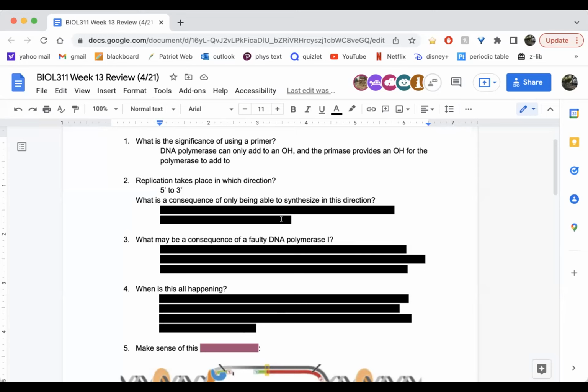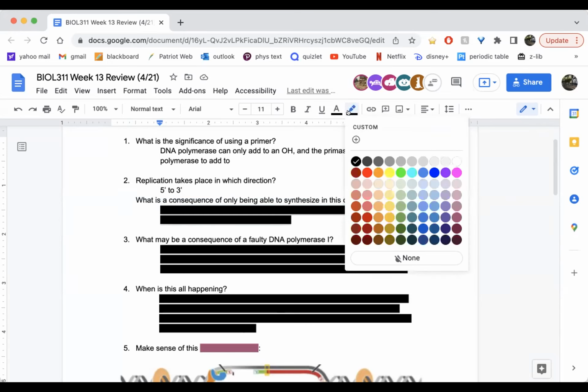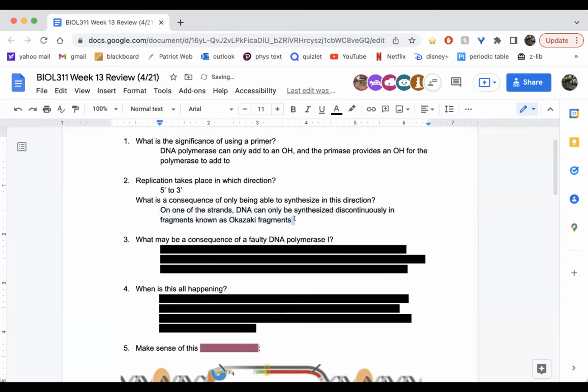So we get Okazaki fragments because we have discontinuous elongation. So basically what happens is, on the strand that's 3' to 5', everything is good and you continuously synthesize because you read 3' to 5' and then you synthesize 5' to 3'.